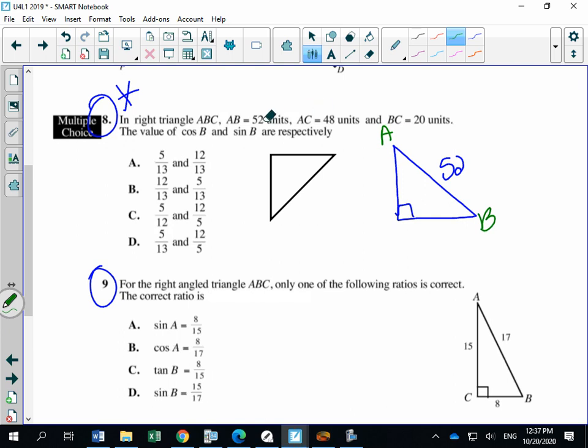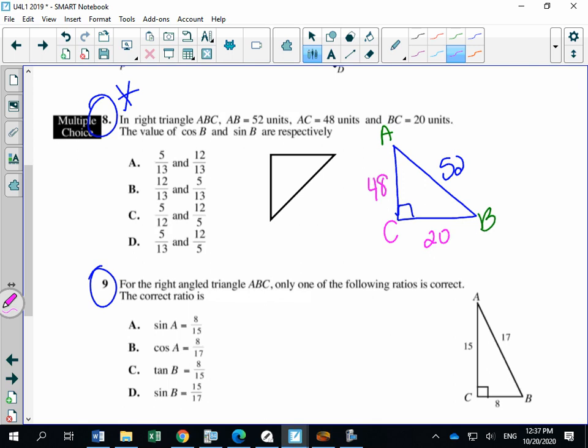Between these 3 sides, the hypotenuse is the longest side. So, Kate, what letter would this be? If they want my triangle to be called ABC, it has to be C. Yep, this guy is C. So now I could fill in my other 2 sides, because AC is 48. So that's 48, and BC is 20.